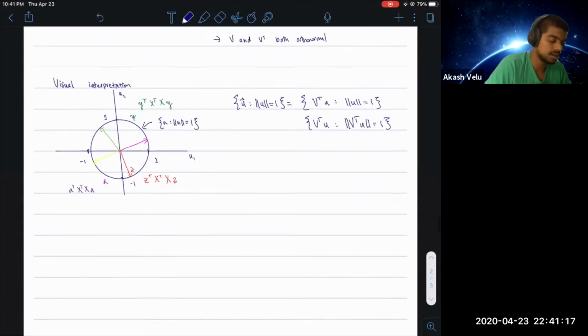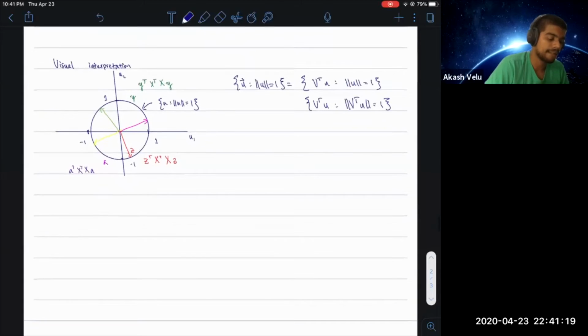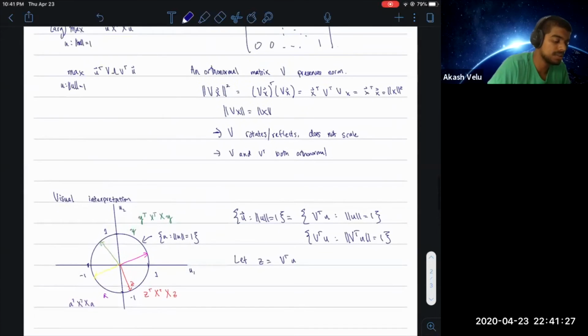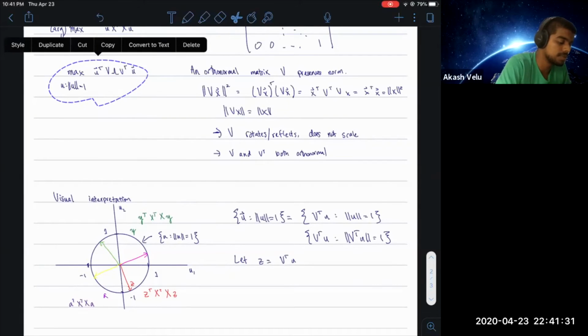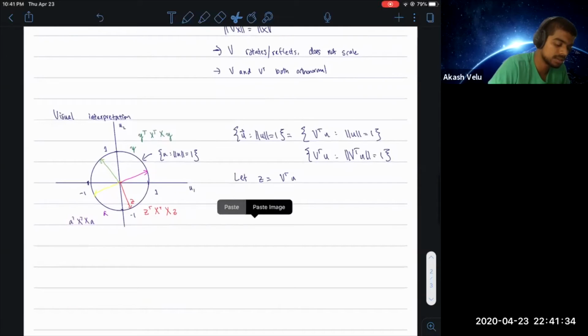Okay, so continuing on, let's now define a useful quantity z. Let z equal v transpose u. So now we can take this mathematical optimization problem and rewrite it in terms of z.